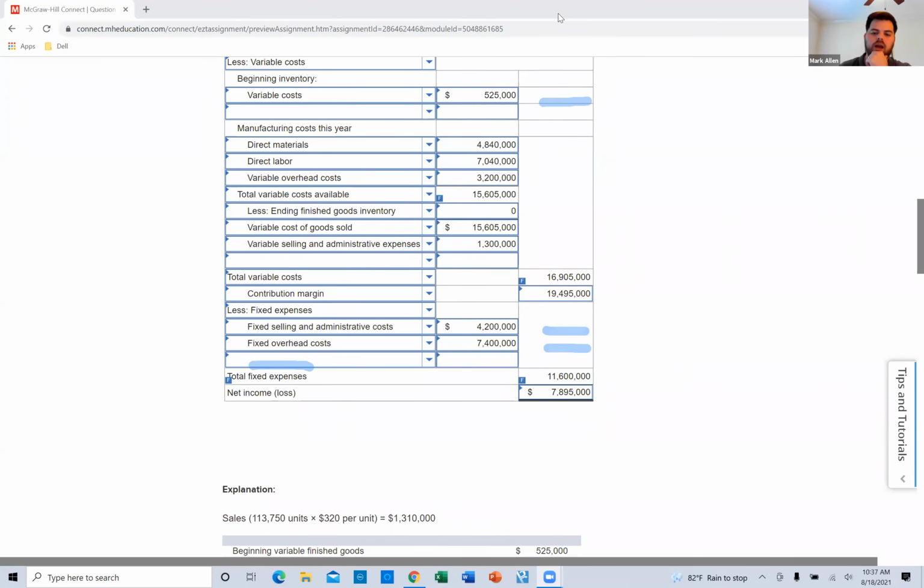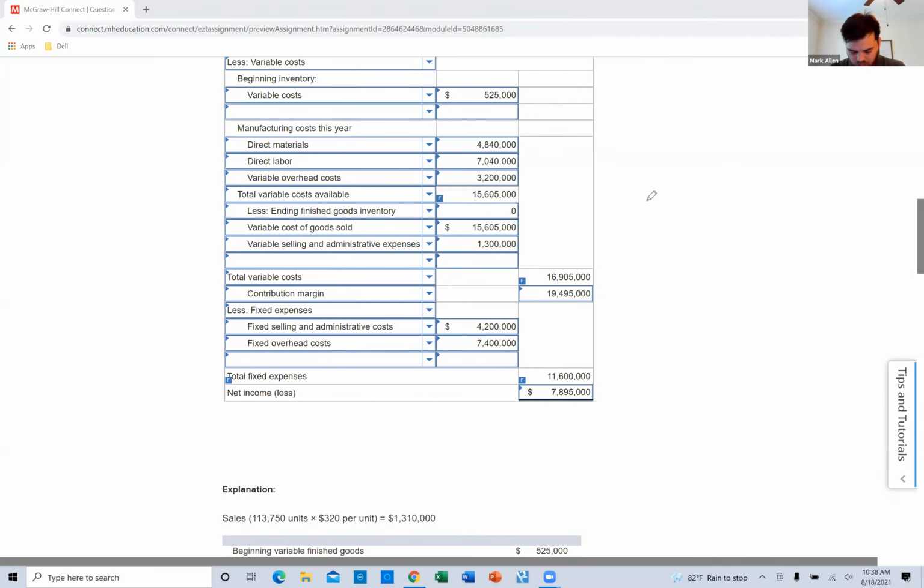And whenever I deal with that, that gives me 11.6 million for total fixed. Backing the 11,600,000 out of my 19,495,000 leaves me then with net income of $7,895,000. And of course, we are done.